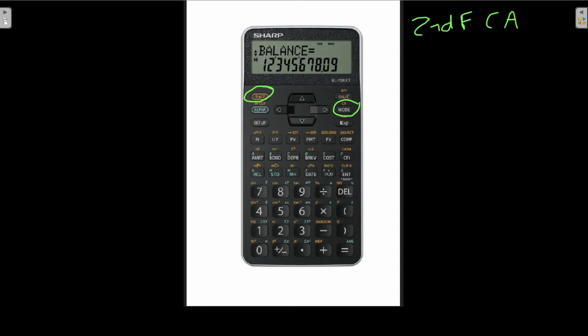Okay, and then we enter the number of payments per year. So you press the second function button and then this button, payments per year.